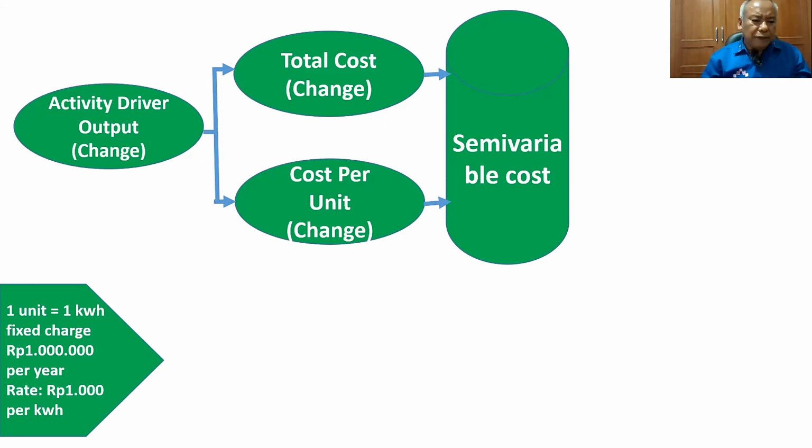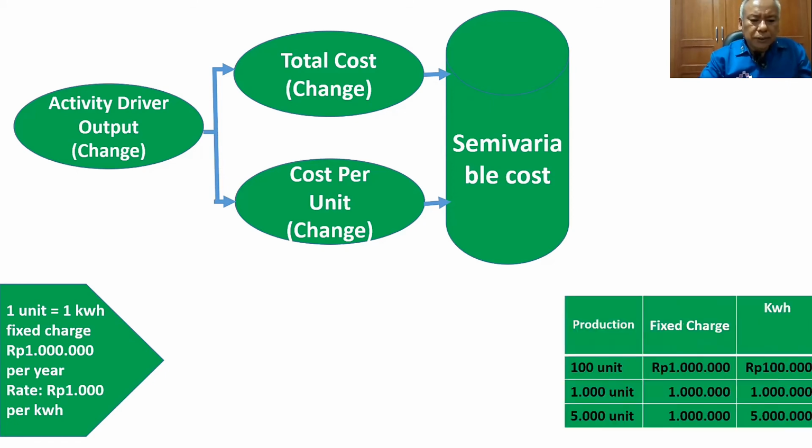The first is the fixed charge, for example, 1 million per year, and then the kilowatt hour rate, KWH, kilowatts hour. For example, the rate is 1,000 per kilowatt hour.